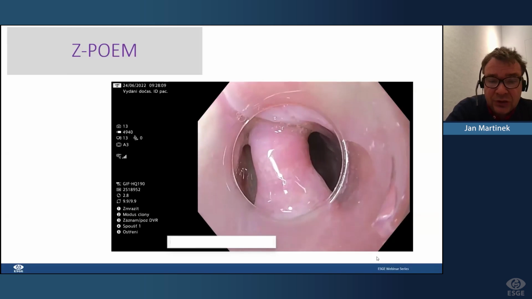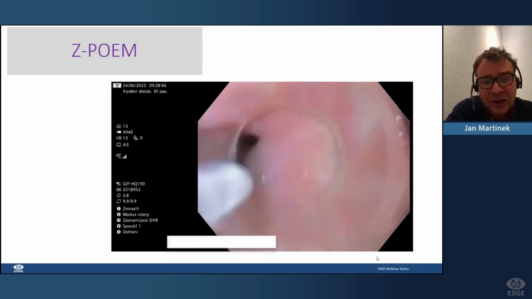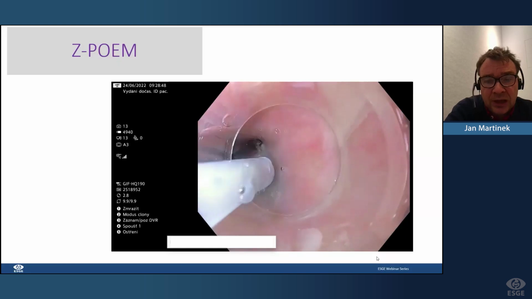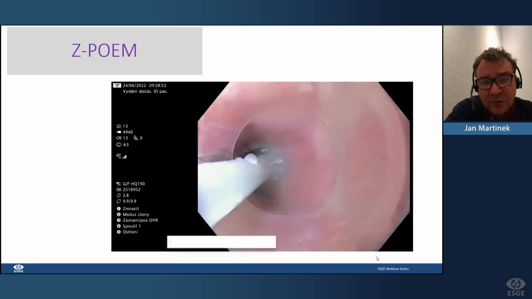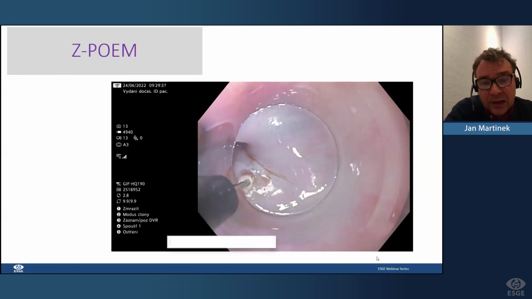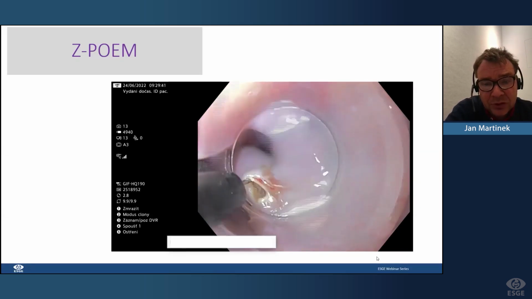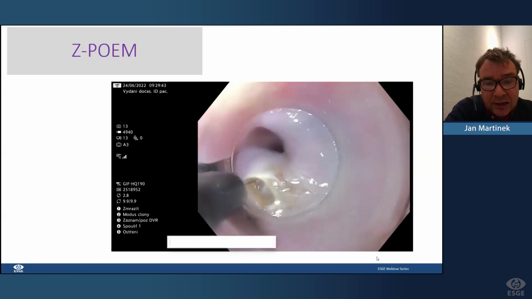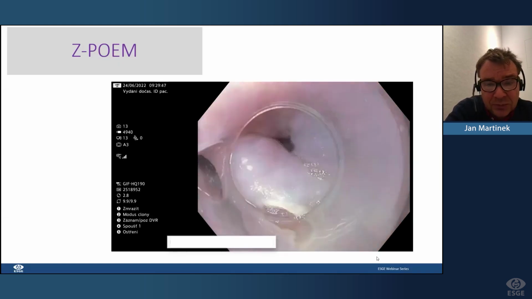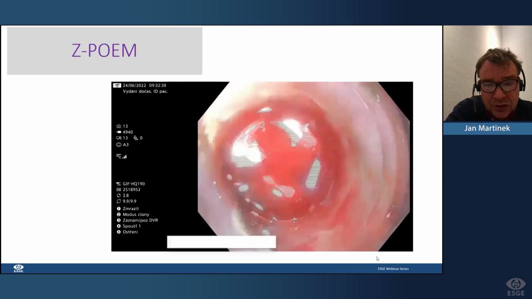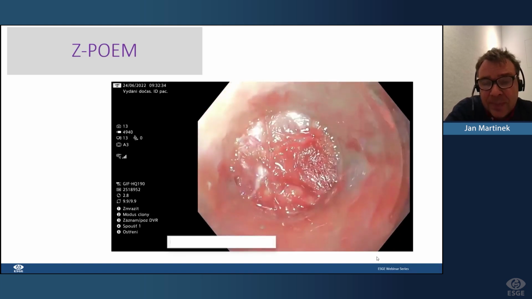To describe the technique, here is a Zenker's Diverticulum. It's a mid-sized diverticulum. Usually we inject just above the septum, and we perform an incision alongside the septum. This is the mucosal incision, and you will appreciate in a few moments the septum, which is a muscle.